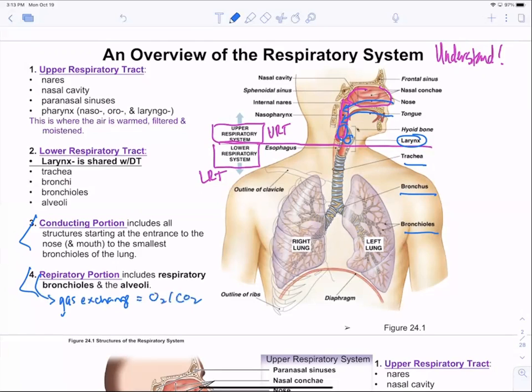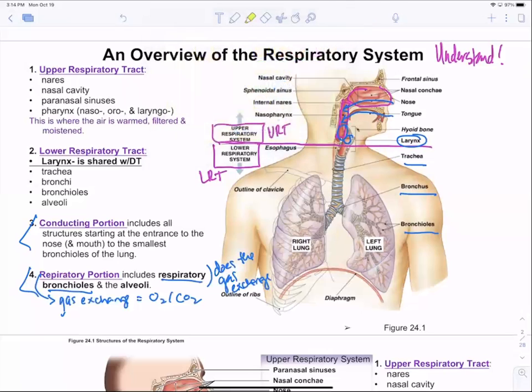And so the respiratory portion is the portion that actually does the gas exchange, and that is only in the respiratory bronchioles that are connected to the alveoli, and the alveoli. So at the very, very end. Everything else is conducting.